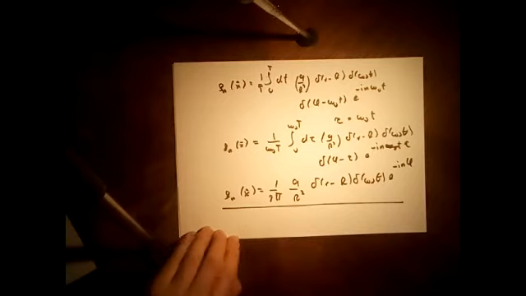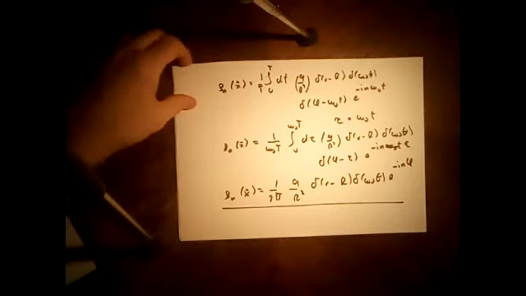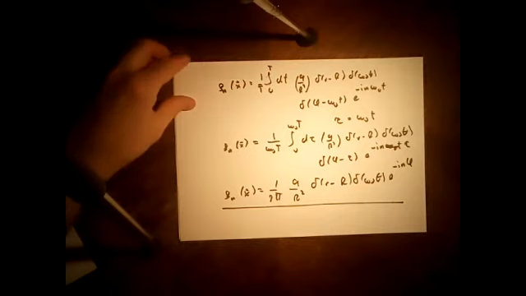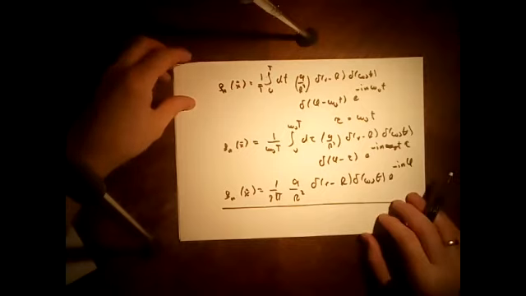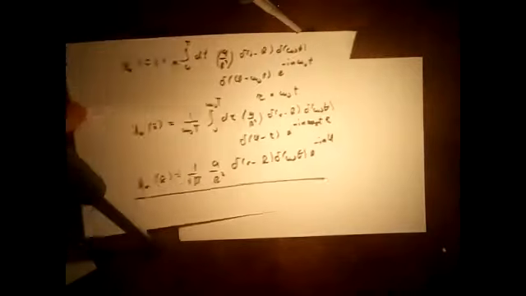So this is our Fourier mode. Then what I'm going to do is write this Fourier mode as a multipole moment, and see how it relates to the other multipole moment that we found.